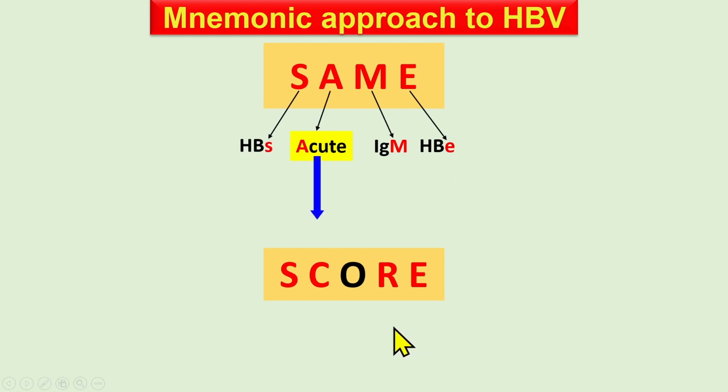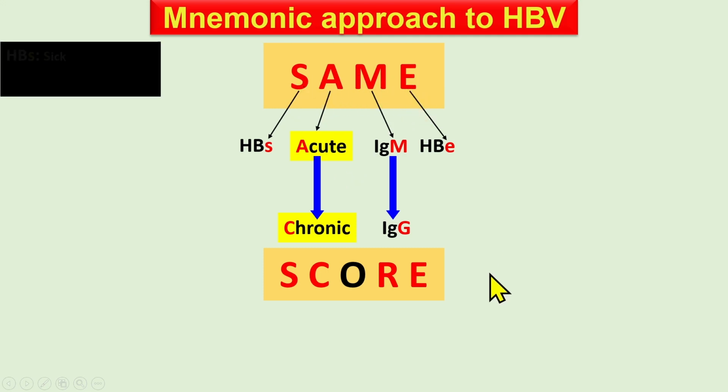And you know better, when the infection becomes chronic, IgM becomes IgG. So in the chronic phase, you will see S is positive, M is positive, E is positive, and the IgM is replaced by IgG. In the acute, you will see the same. Same is the mnemonic. So in the A, these SME are positive.